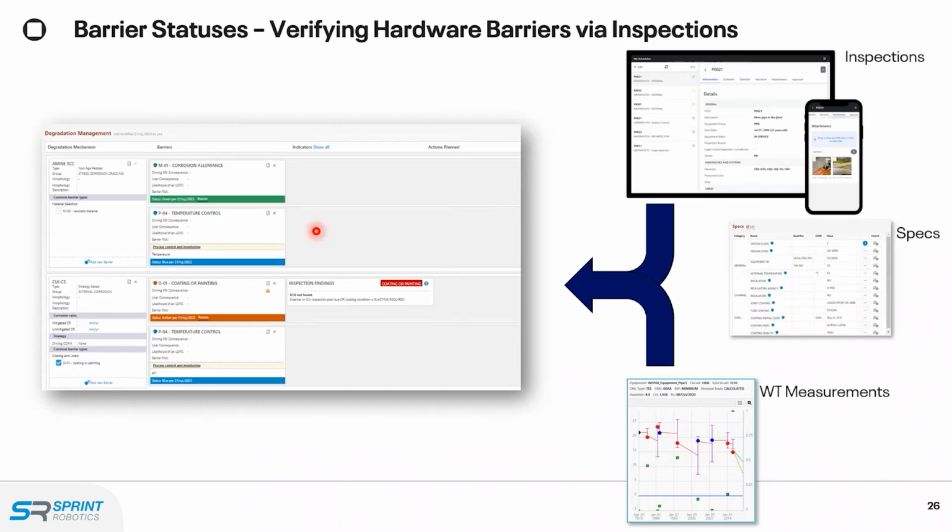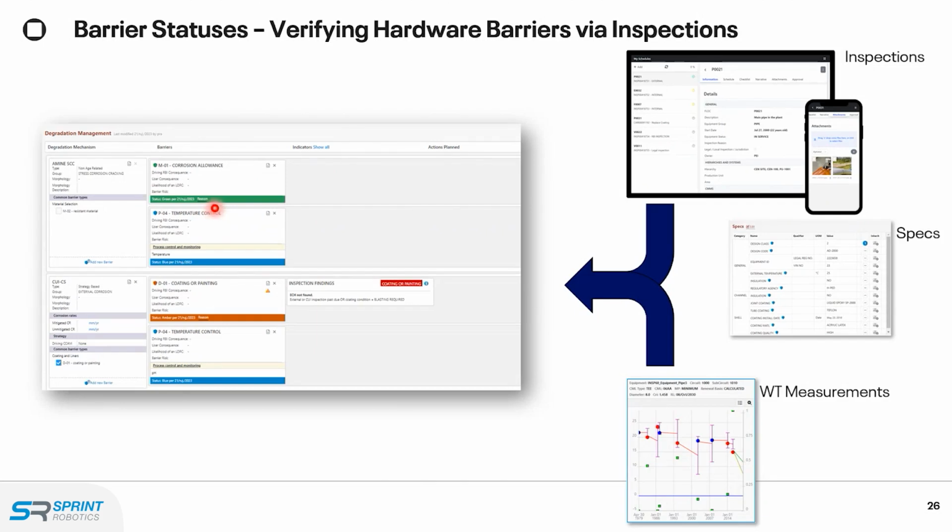Those statuses will many times be updated using inspection data. I talked at the beginning about having IMS on mobile as a checklist in the field. You fill in the checklist, and depending on the outcome, if I say I found an issue with the coating, that coating issue will update the status of my barrier.